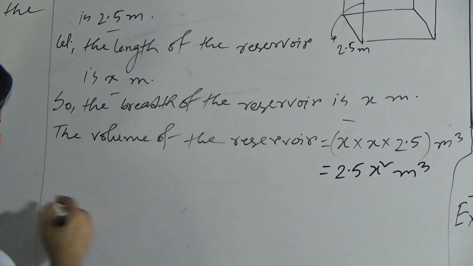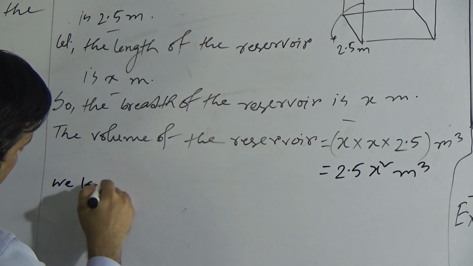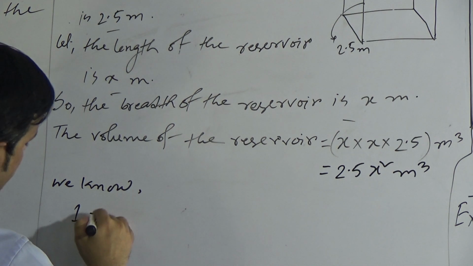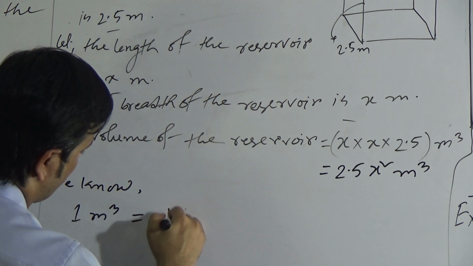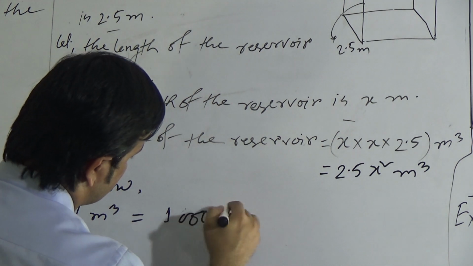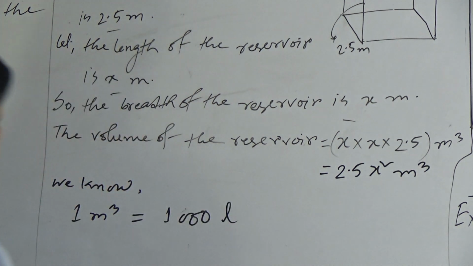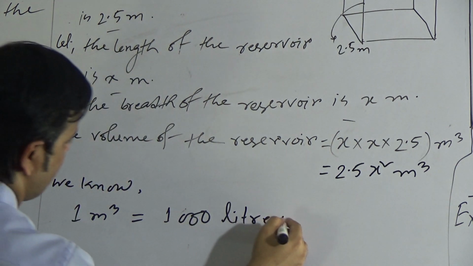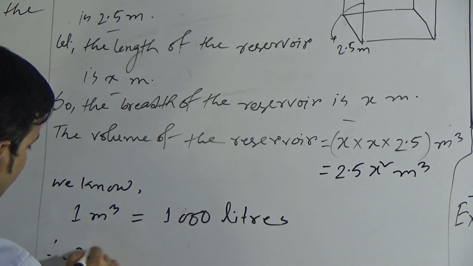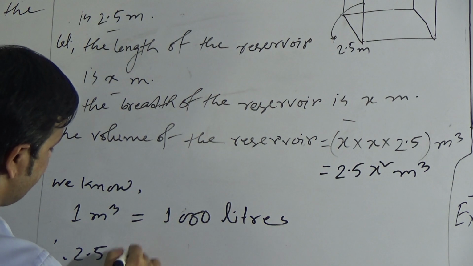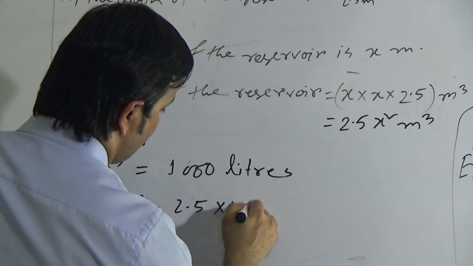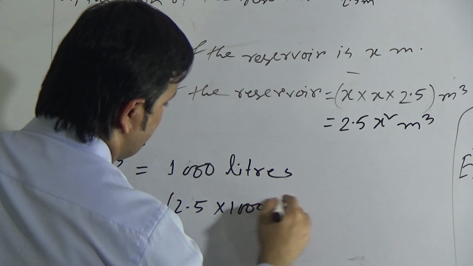We know 1 cubic meter is equal to 1,000 liter.